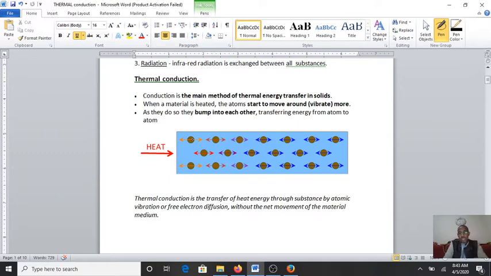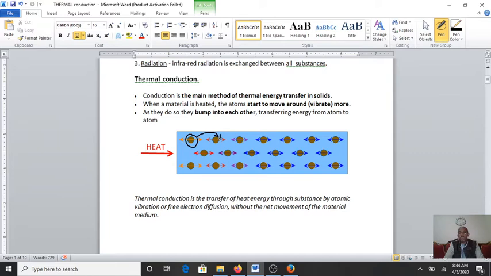So when these atoms vibrate, let us consider this one here. When it moves further, it will collide with the next atom. In so doing, it transfers some of that energy to this atom here. Then this one also gains kinetic energy.